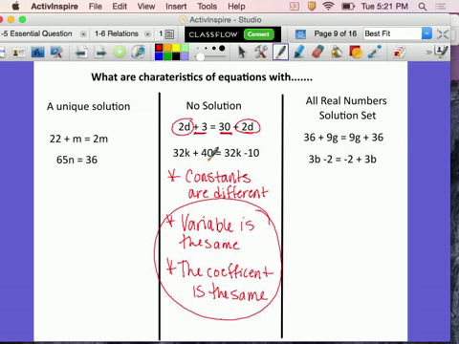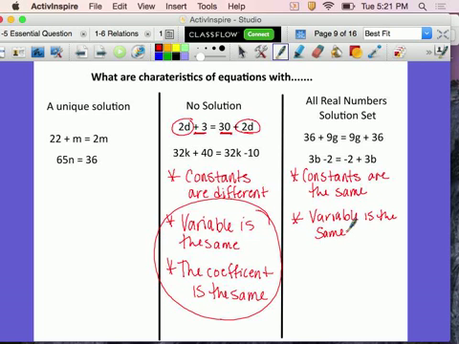Similarly, in all real numbers, we have the variables the same and the coefficients the same, but this time the constants are also the same. So we're going to write all that down. The constants are the same. The variable is the same, making sure you both have G and G and B and B, and not X and Y or something.